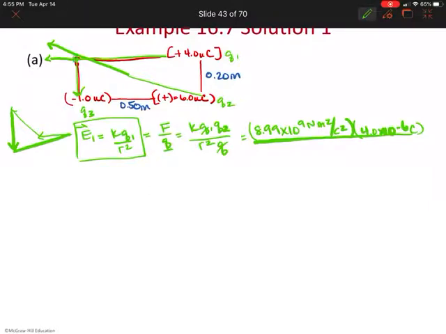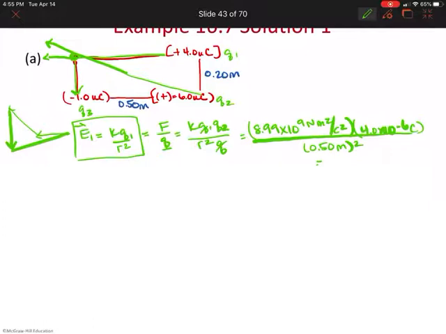So what is the R from this point over here to Q1? Well, it's 0.5. You've got to square it. Whenever you do the math on that, you should get 1.44 times 10 to the 5th newtons per coulomb.